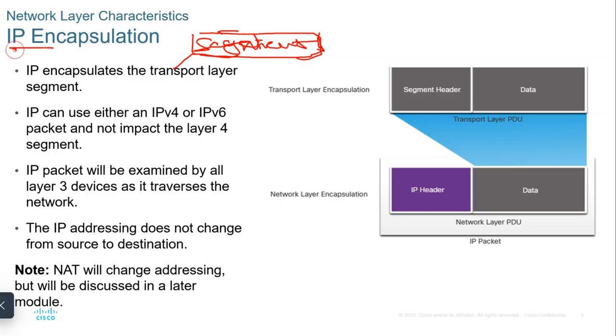That is where we get the IP encapsulation. IP can use either IPv4 or IPv6.